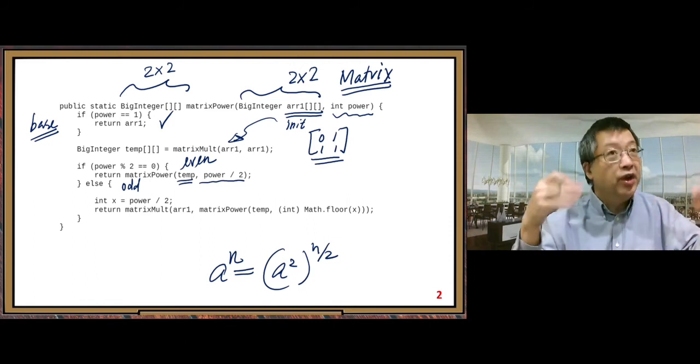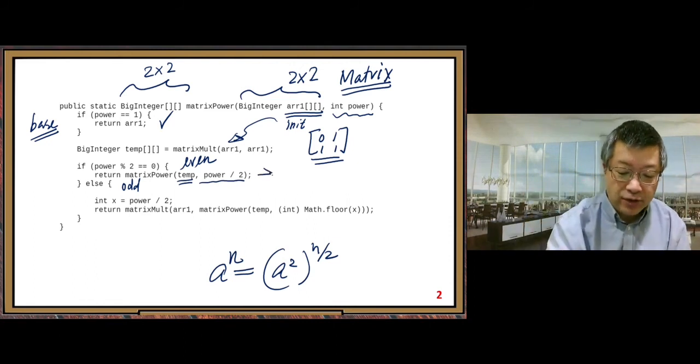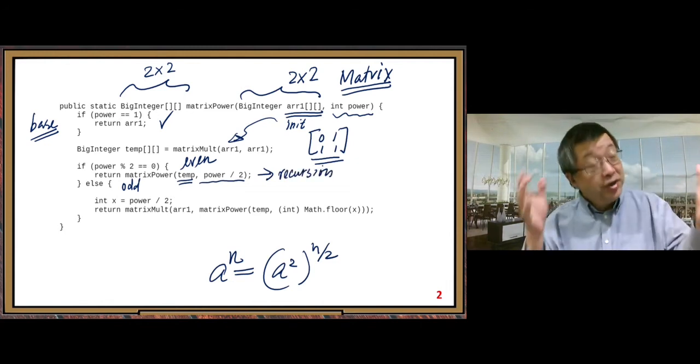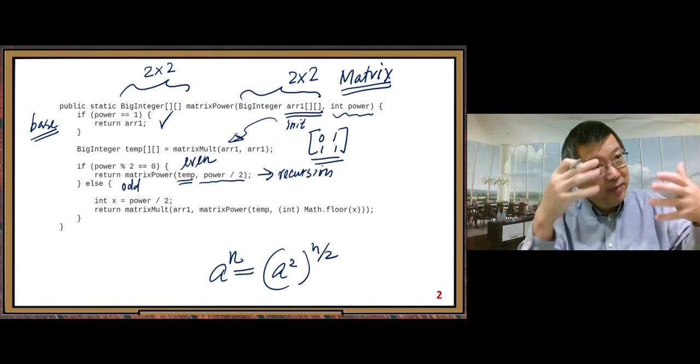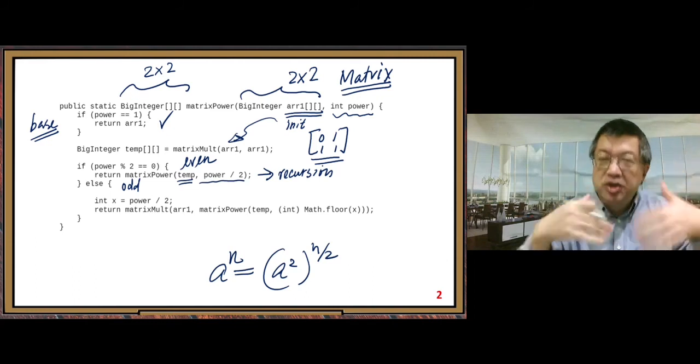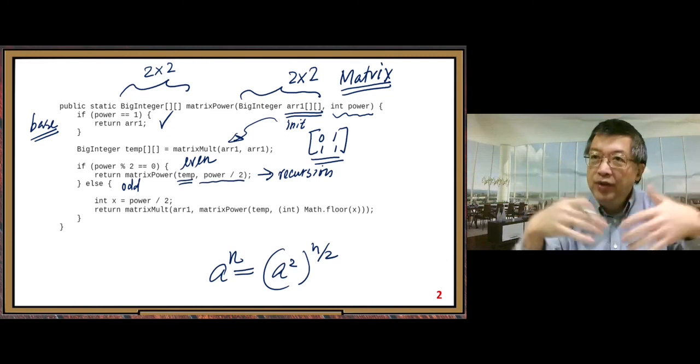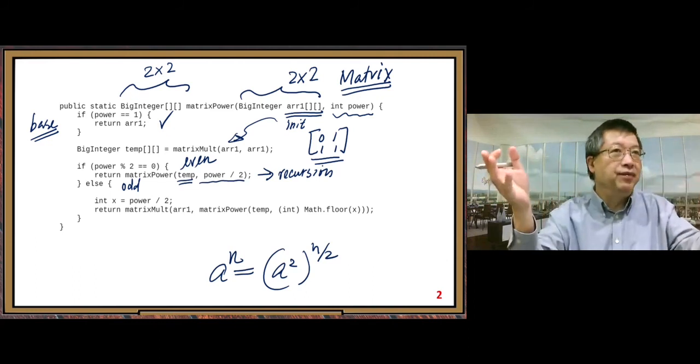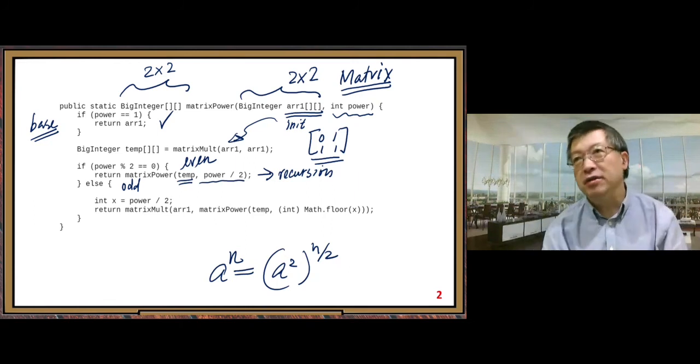So you call it recursively. This is the recursion step. It is the same as the original power, but you reduce the power number. If you keep doing that, eventually you will get the final answer easily.